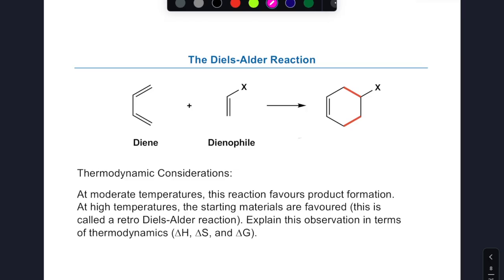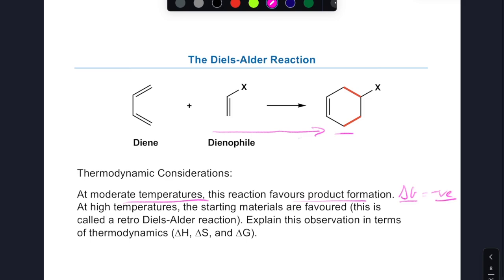So I want to take a quick look at the thermodynamics of the Diels-Alder reaction. Now, if you remember back to Chem 123, at moderate temperatures, forming this product here is very product favored. That's a case where it's spontaneously moving towards the product, or in other words, we could say the delta G at that low temperature is some negative number.